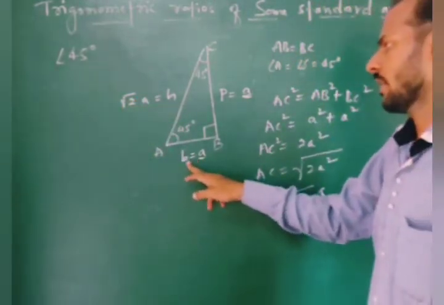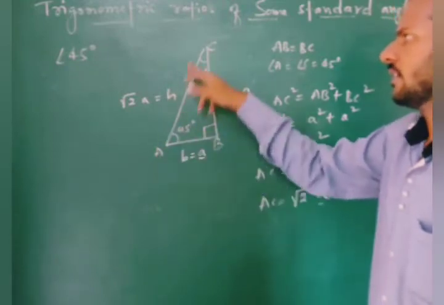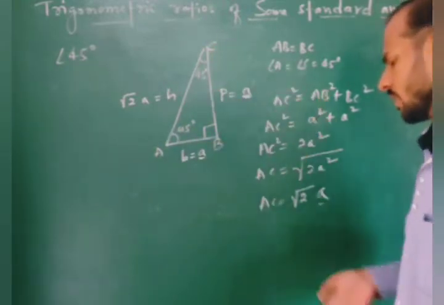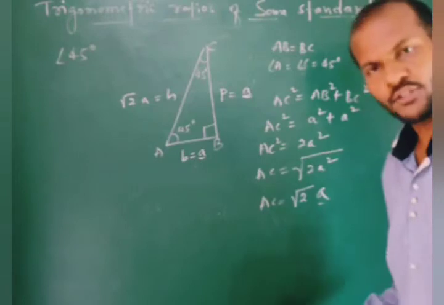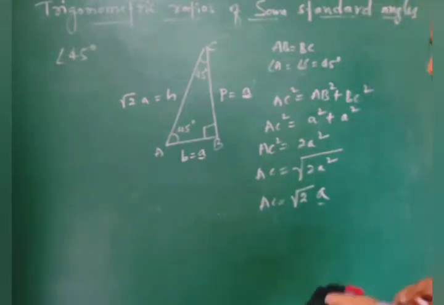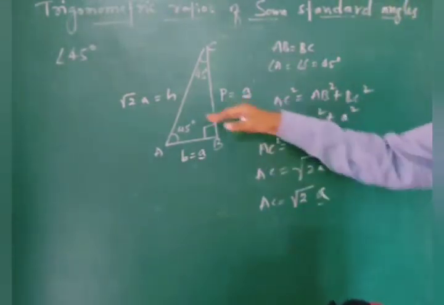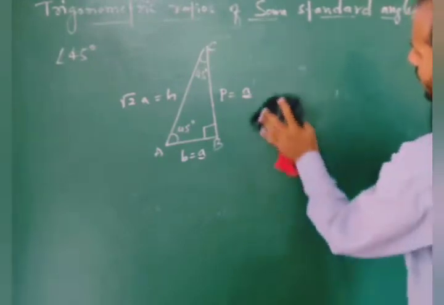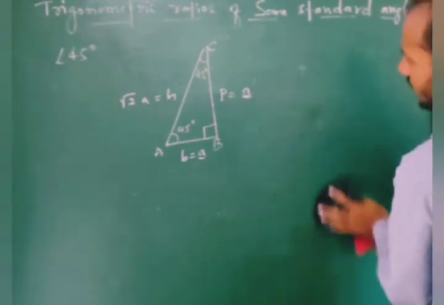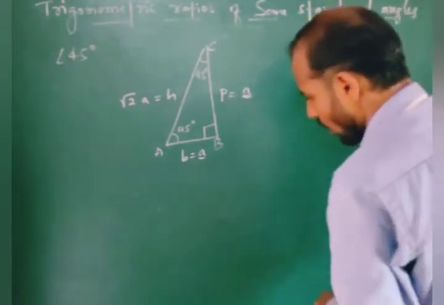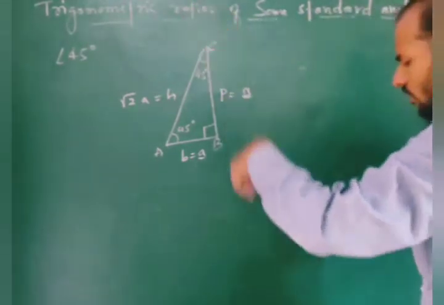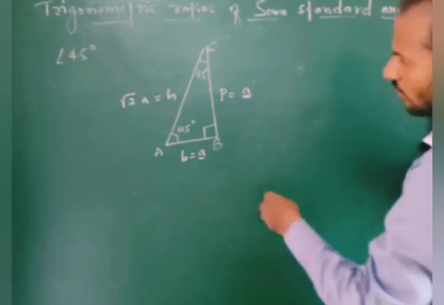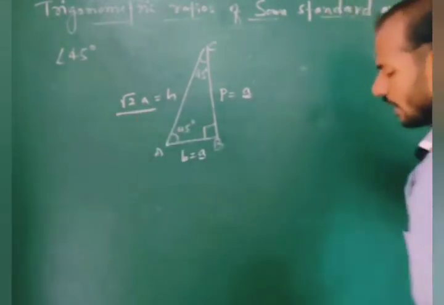Now we get all three sides: AB, BC and AC. Now substitute these values in the trigonometric ratios, then we get the standard angle value of 45 degree. Let's see. By Pythagoras theorem we got AC equals root 2 a.